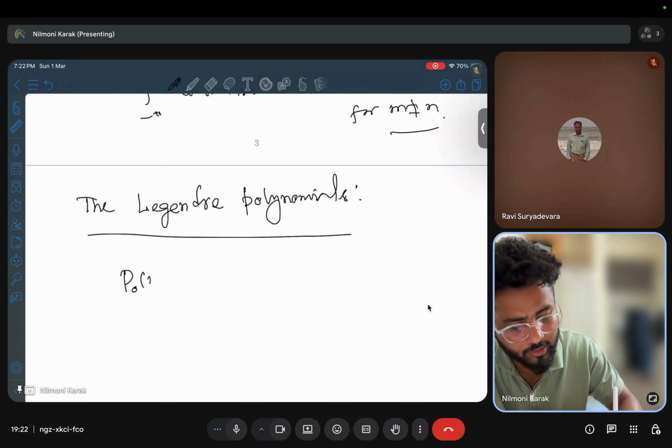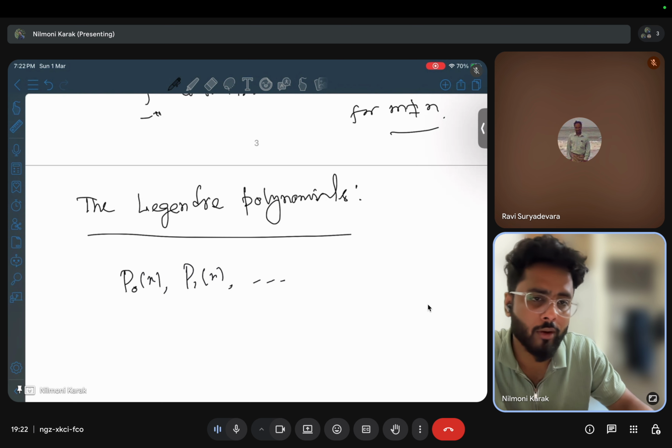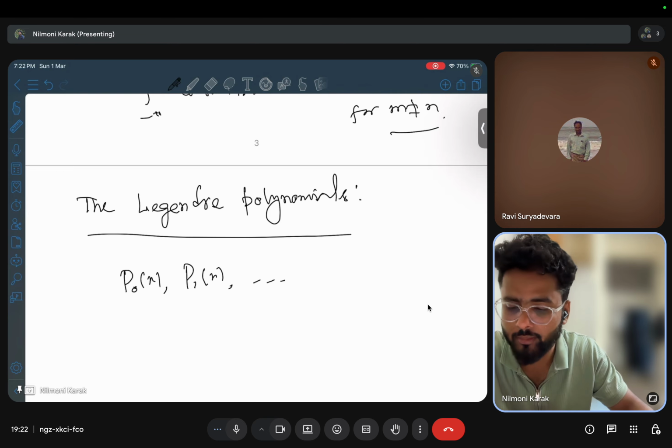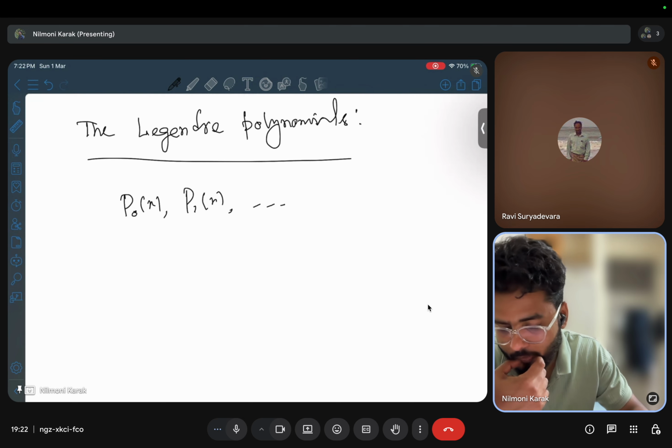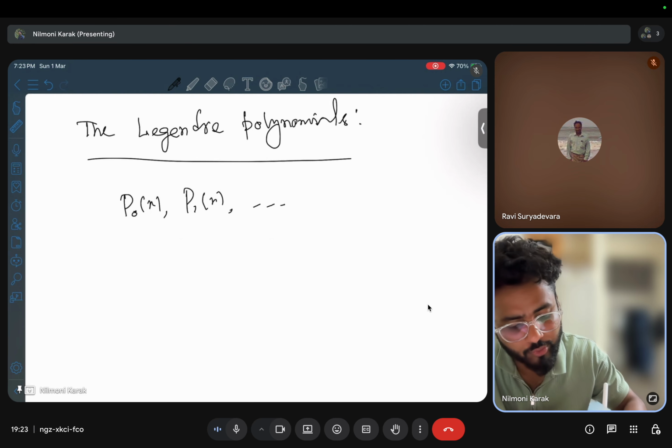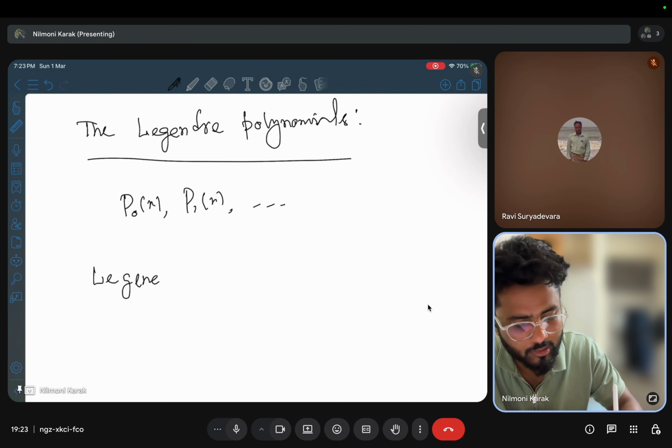This P naught x, P1 x, and so on, forms an orthogonal system. Moreover, this forms a complete orthogonal system. First, to introduce this Legendre polynomial, you have to know the Legendre equation. The Legendre equation is nothing but a differential equation.